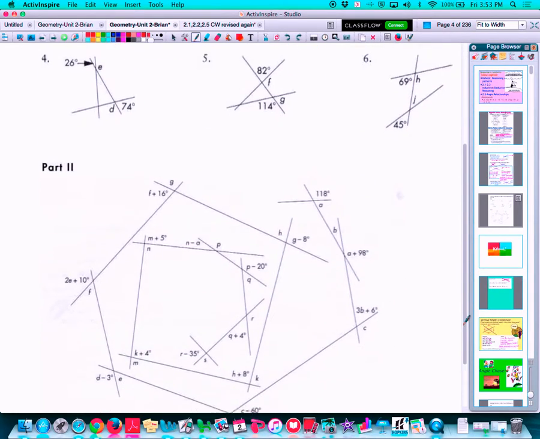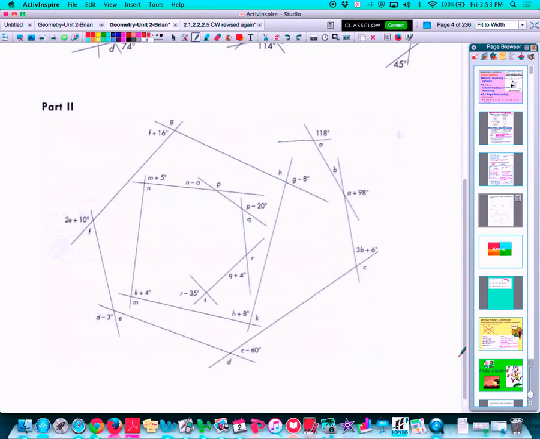Now if you look at number 2, once you flip down to the bottom of the page, we have really what would be more of an angle chase. So start with letter A and say, okay, 118 degrees, what's the linear pair with 118? Well, 180 minus 118 is going to give us 62 degrees.